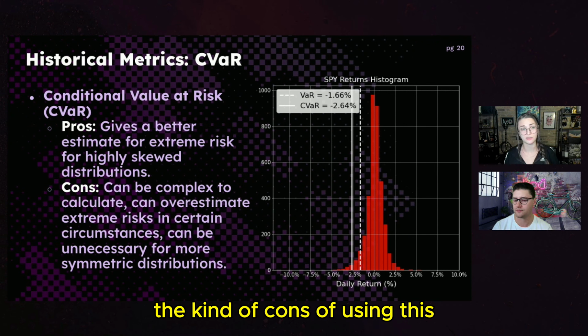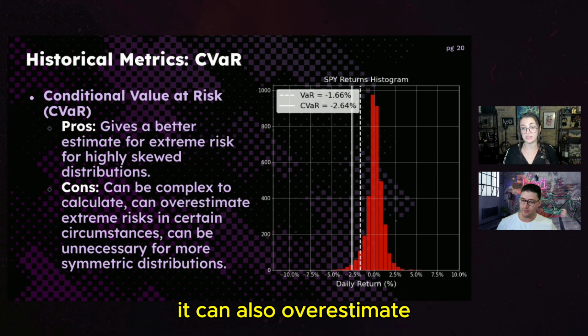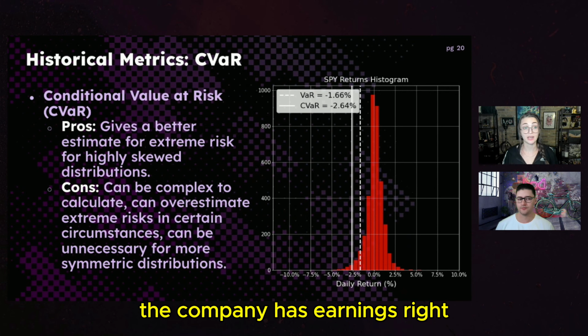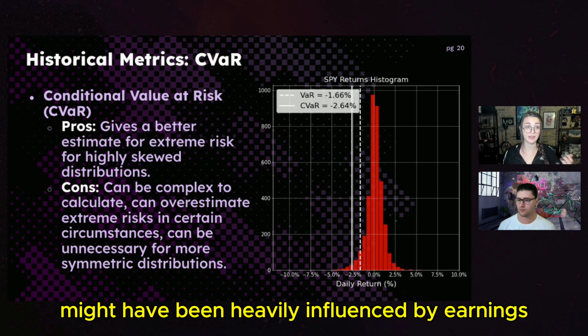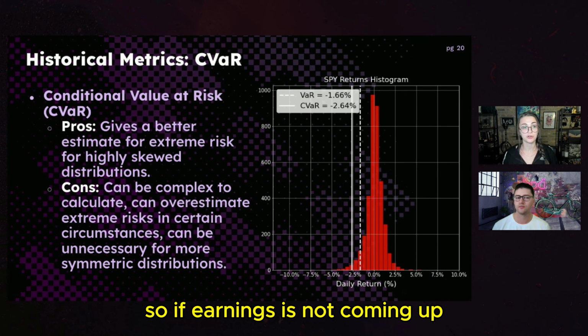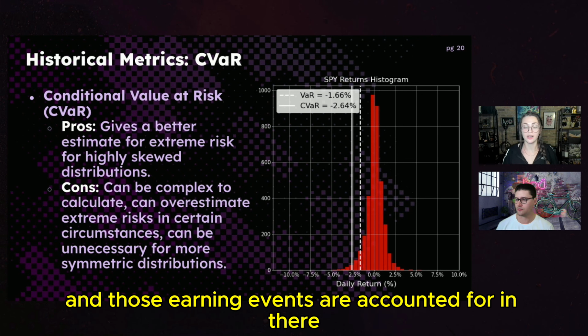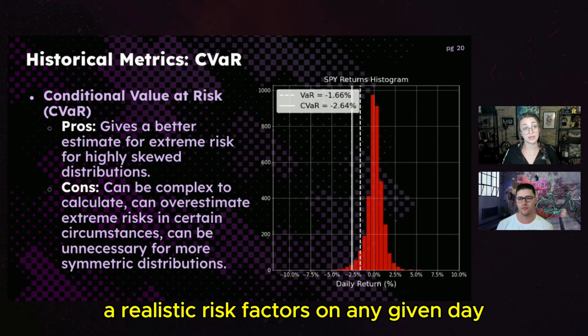The cons of using this: it can be a little bit complex to calculate. It can also overestimate extreme risks in certain circumstances. For example, if a company has earnings, those tail risks might have been heavily influenced by earnings. If earnings is not coming up, and we look at this distribution as a whole with those earnings events accounted for, then this might overestimate our realistic risk factors on any given day.